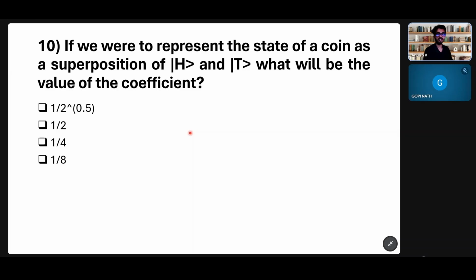If we were to represent the state of the coin as a superposition of the ket vector of heads and the ket vector of tails, what will be the value of the coefficient?